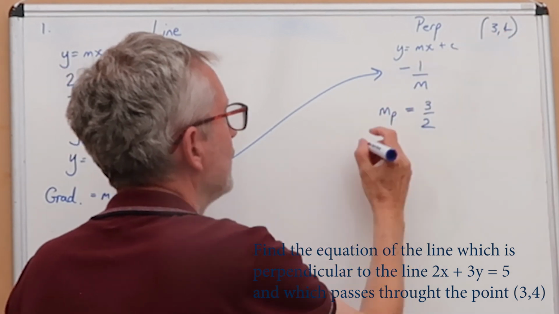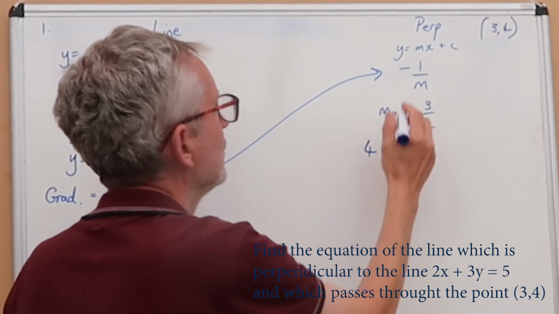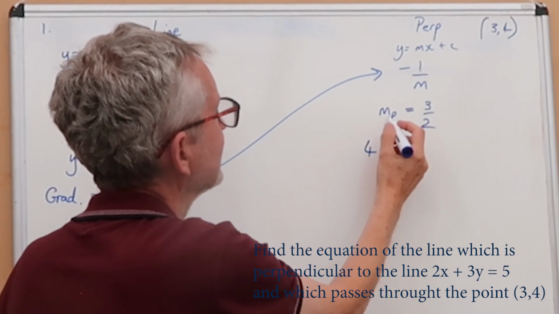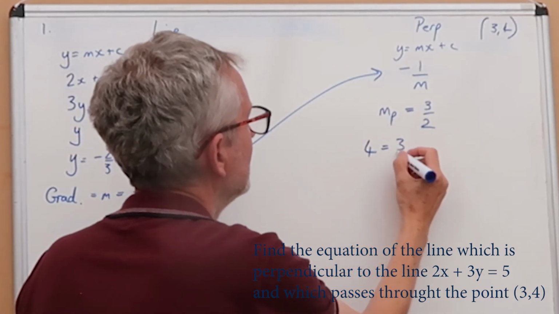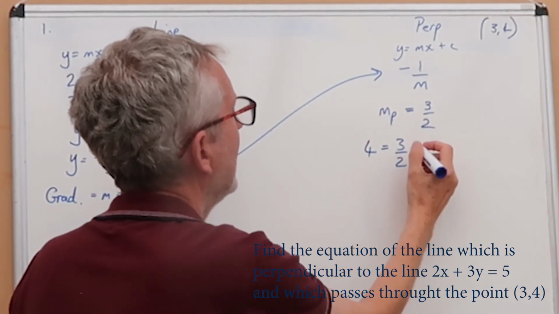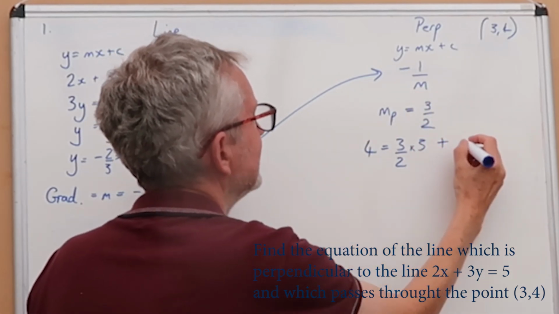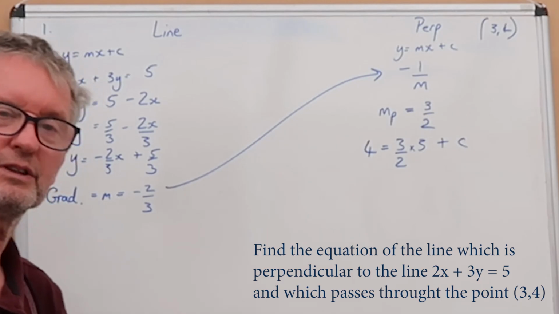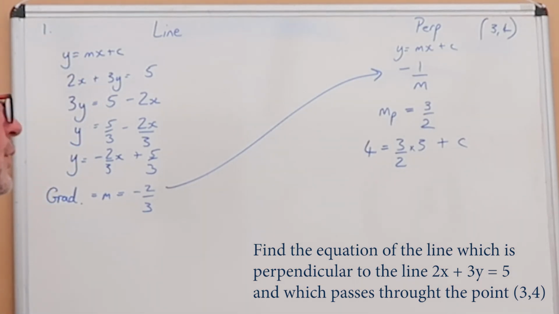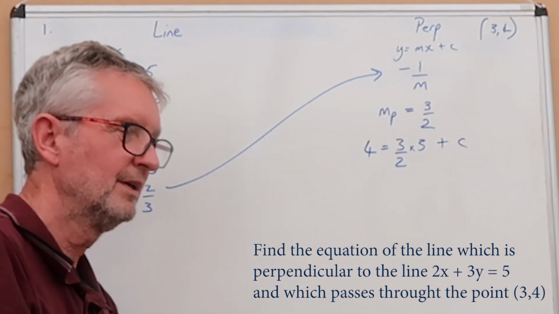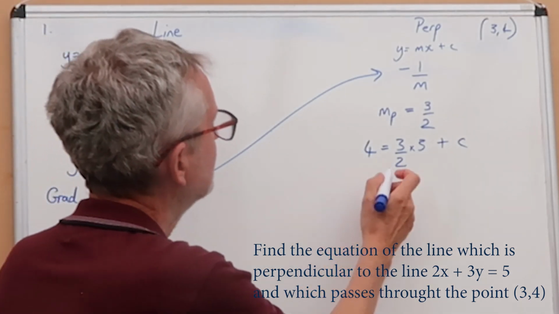So y is 4 equals mP, which is 3 over 2, times x, which is 3, plus c, which is what we're trying to find out, because we need that so we know the whole equation of the line.